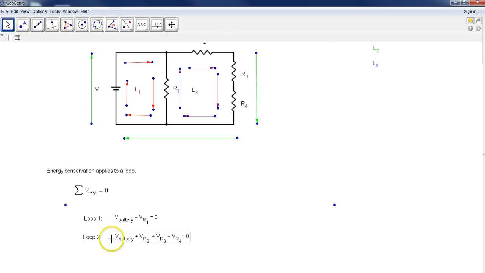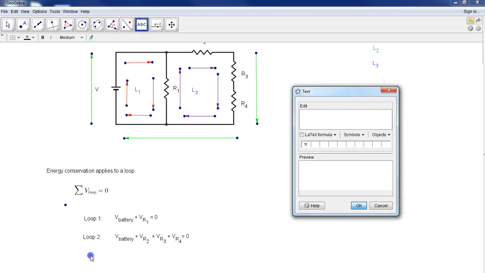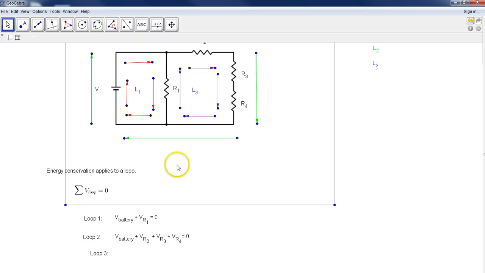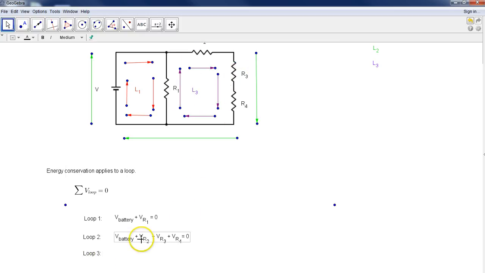Then for loop 3, that's just the inside loop here. We have resistor 3, or I should point to the right one, 3, 4, 1, and 2. Copy this one.